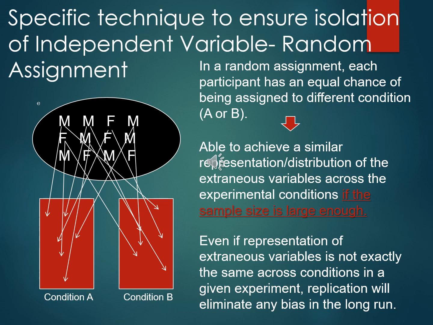Let's say that you have many different kinds of participants. If you randomly assign these people into condition A and condition B, because it's random, the likelihood is that conditions A and B are filled with similar kinds of people. That achieves the minimization of the effect of extraneous variables.